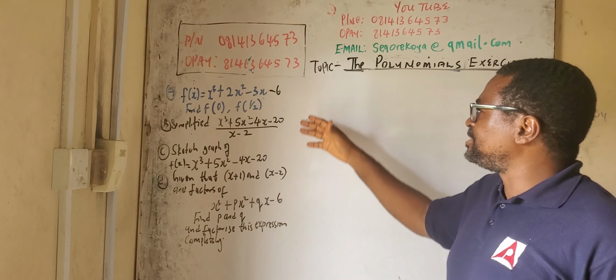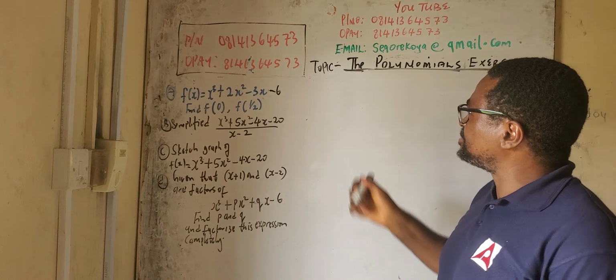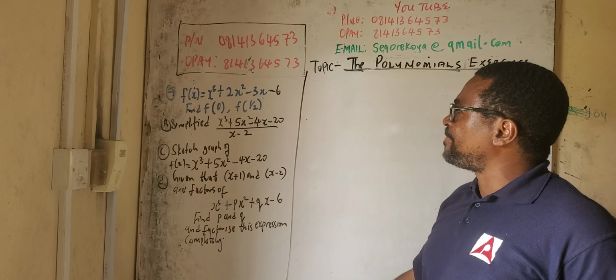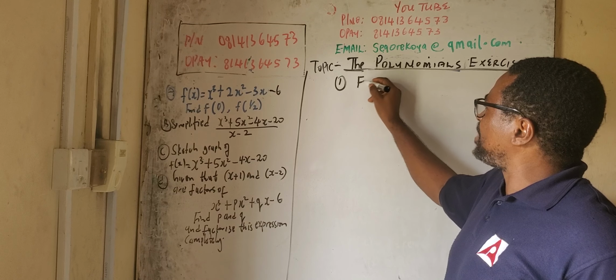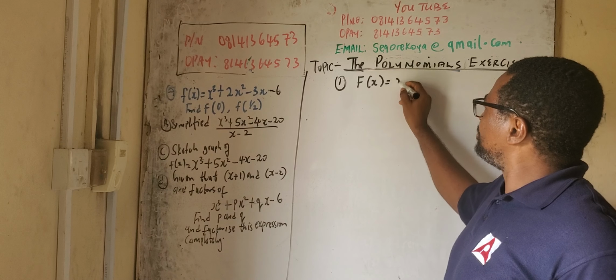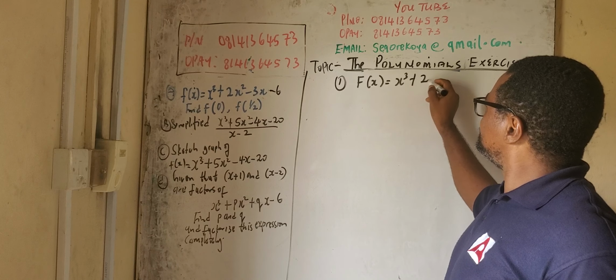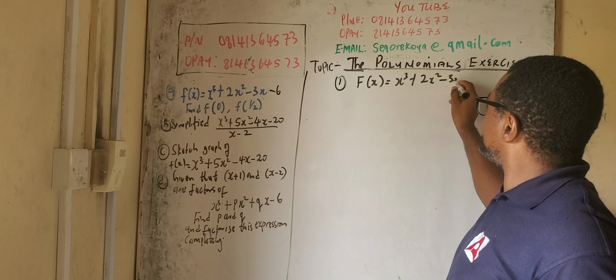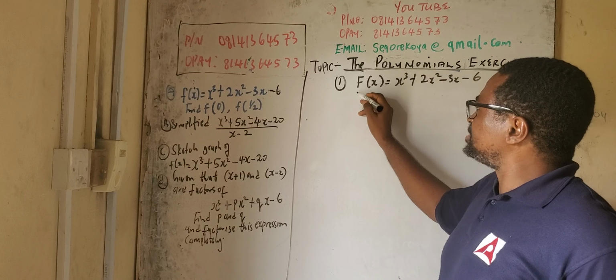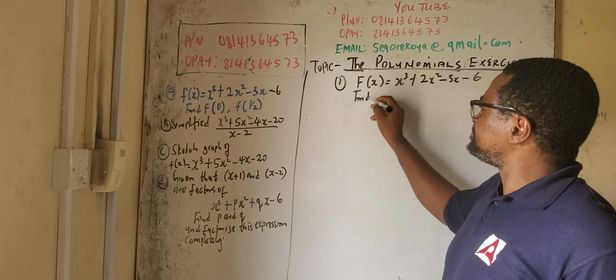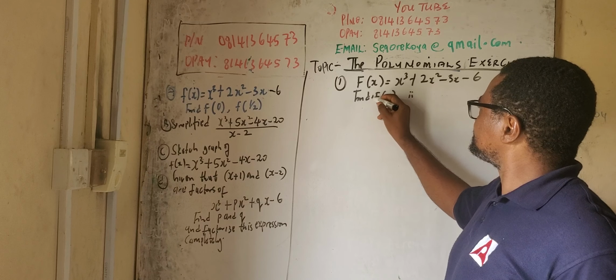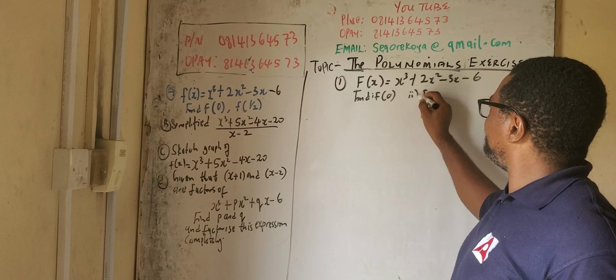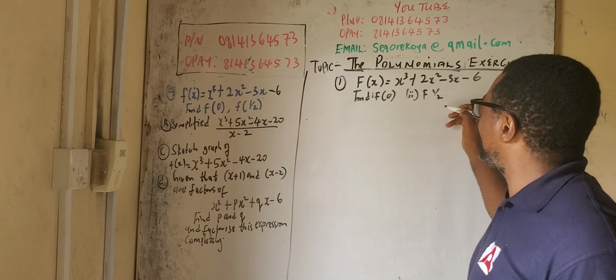Now, today we are going to carry out an exercise on polynomials. The first question I'm going to solve is: given the polynomial f of x is equal to x cubed plus 2x squared minus 3x minus 6, find f of 0, and the second one, f of half.